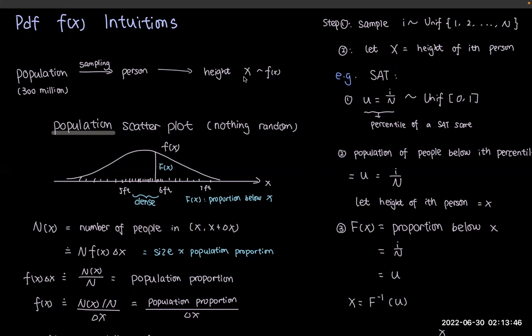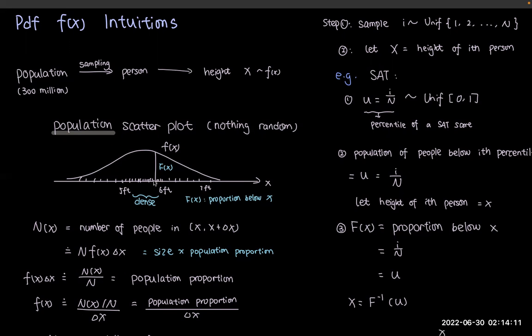Then we say X follows f of x if f of x describes the distribution of the heights of these 300 million people. In other words, you can look at this population version of the scatter plot. Here, there's nothing random. We have these 300 million people, and we plot them on the x-axis according to their height.